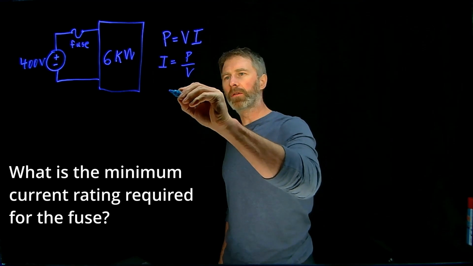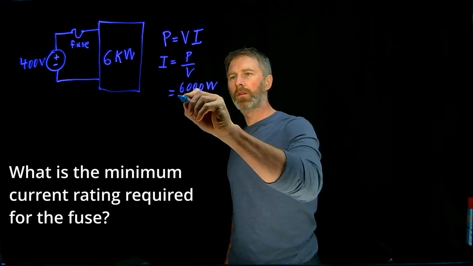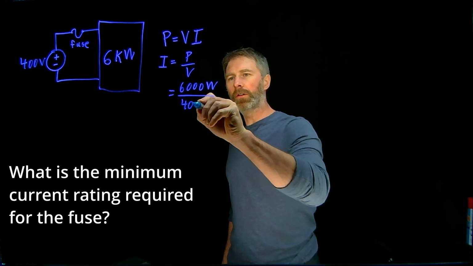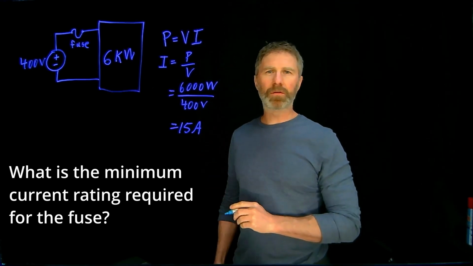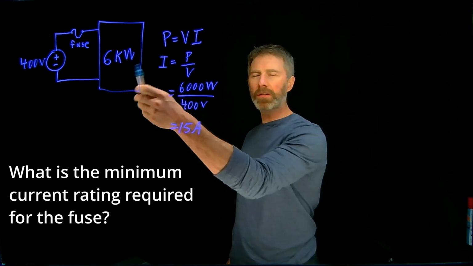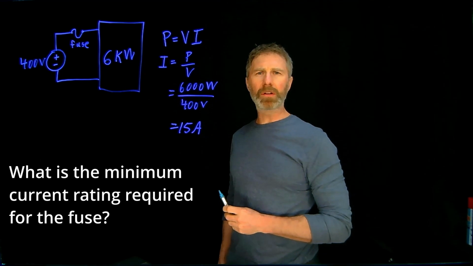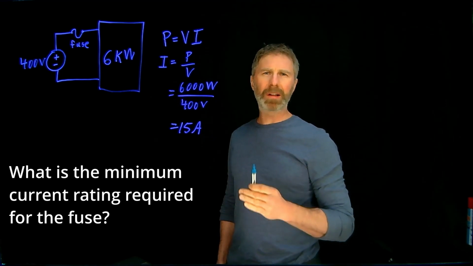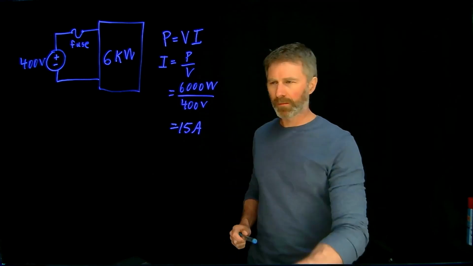Current is power over voltage. So this will be 6,000 watts over 400 volts. It's 15 amps. So when this is running, we can expect 15 amps through here. So the absolute minimum rating on that fuse should be 15 amps, probably a little bit more just to make sure it doesn't blow under normal operation.